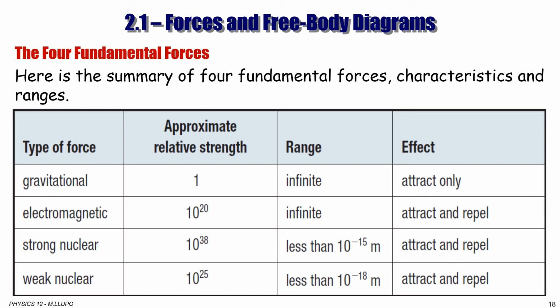And I want you to focus your attention now on the range of the strong nuclear force. It is the size of the atom. And the weak nuclear force is the size of the nucleus of the atom. So that means it is such a small range where they apply. Beyond this range, that strong force disappears, it doesn't even exist anymore.